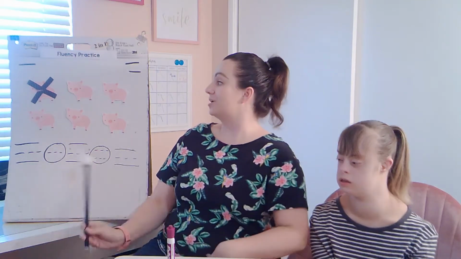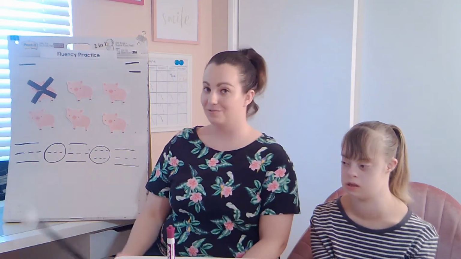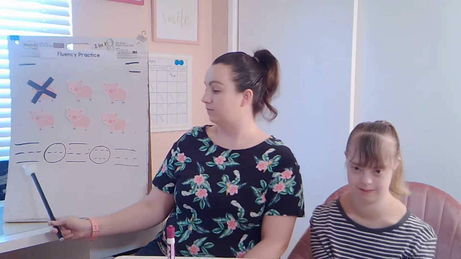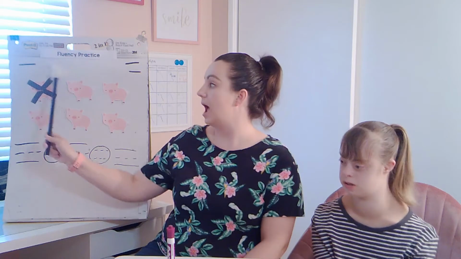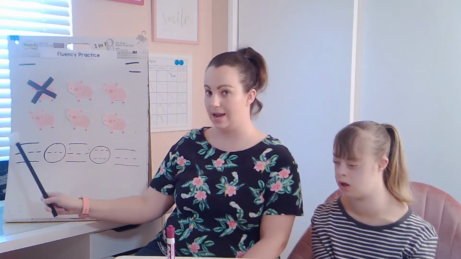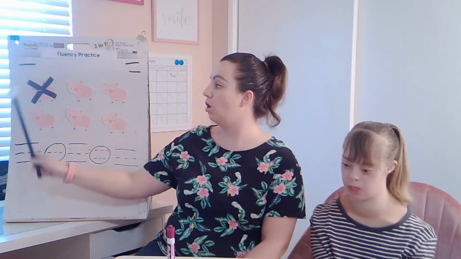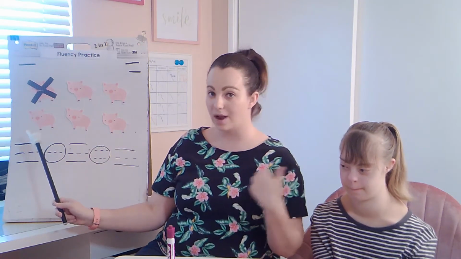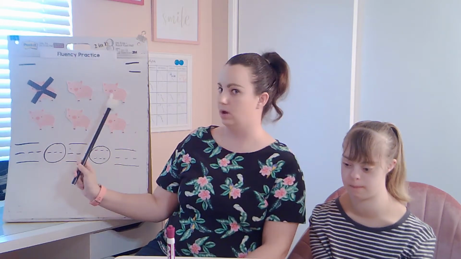So let's look up here. We are once again writing a subtraction number sentence. The first number, you need to write how many pigs you start with, okay? You're going to count all the pigs up. You ready? Kaylee and I will be quiet while you count all the pigs.